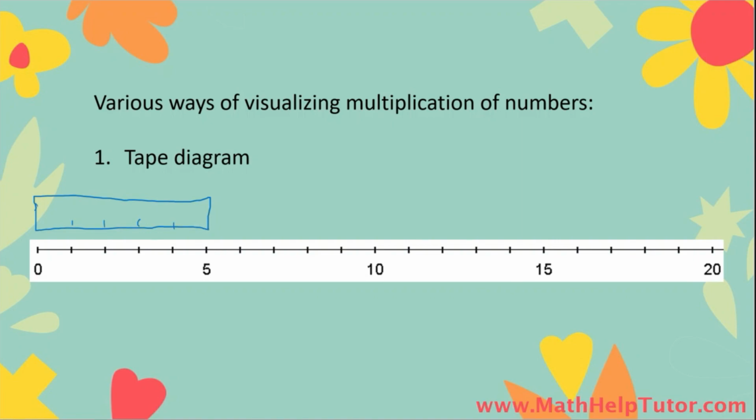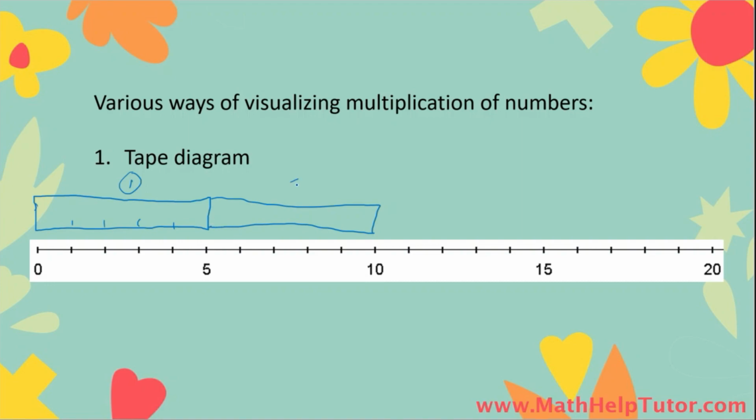Now look closely to see what happens when we do multiplication of numbers, as can be seen in this tape diagram. If I wanted to multiply 5 by 4, meaning I want to repeat the strip, which is 5 numbers long, 4 times, then we just draw our strip 4 times. So we're going to draw 4 strips that are 5 numbers long. This is the first strip. This is the second strip.